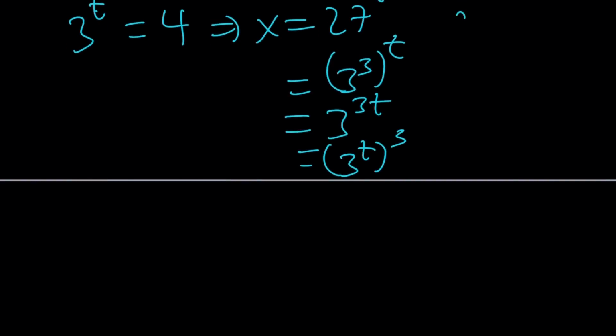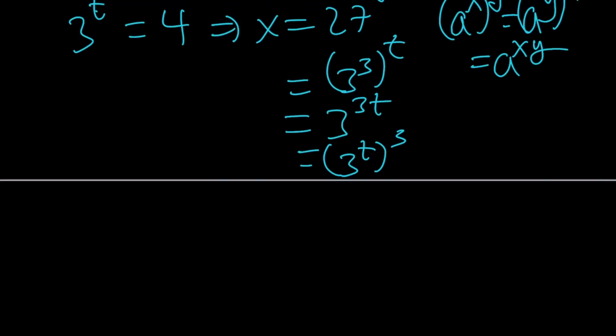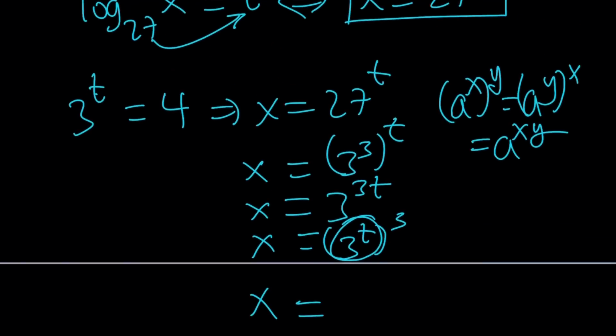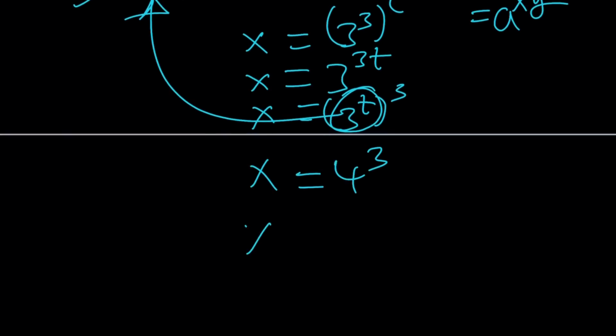In other words, a to the power x to the power y is the same as a to the power y to the power x, because they're both equal to a to the power xy. Make sense? I hope it does. And since 3 to the power t is 4, this is just going to become 4 cubed. And then from here, we're going to get x equals 64.